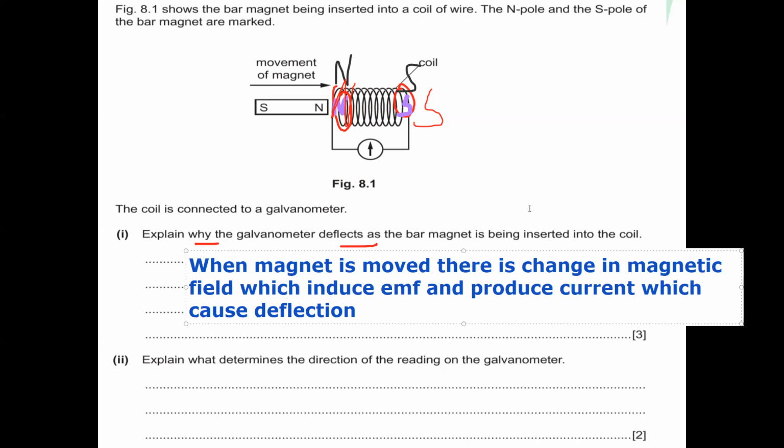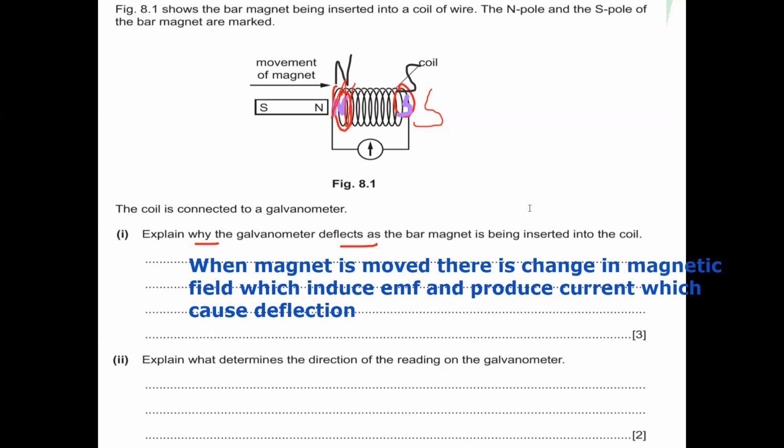So when the magnet is moved, there is a change in magnetic field. Change in magnetic field induces EMF in the solenoid. As a result, it produces a current and which causes a deflection.